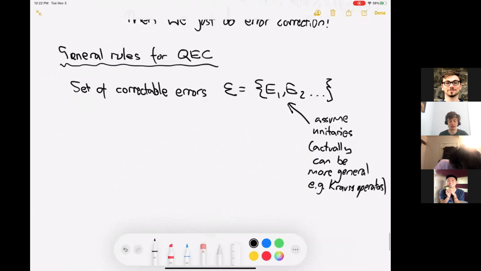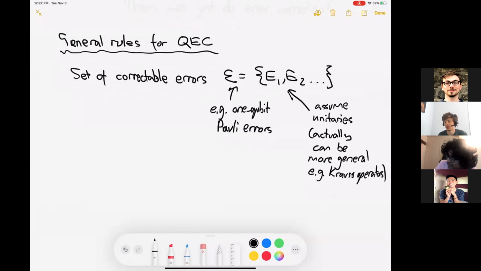Okay, so these might be, for example, one-qubit Pauli matrices. Might be products of Paulis on any two qubits. Can be all sorts of things.